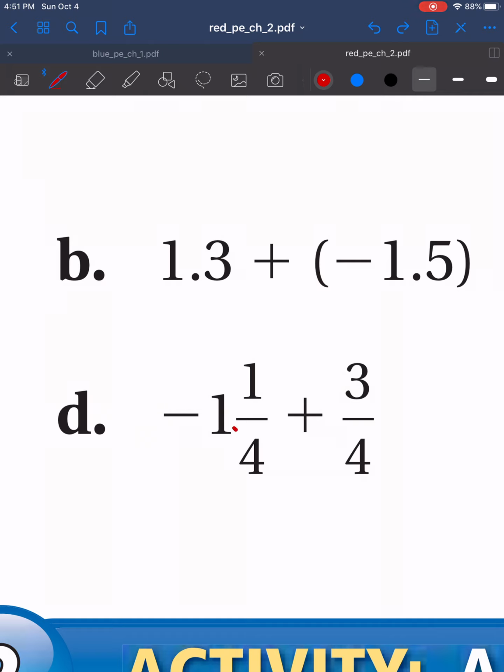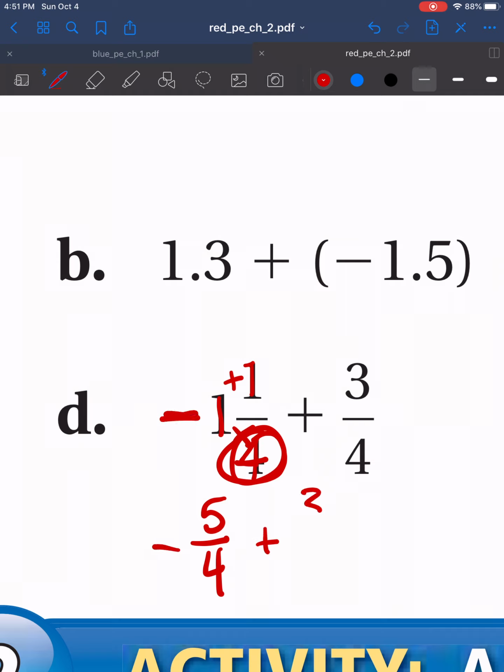So what I do is I times these two, 1 and 4, which is 4, and then plus this guy. So 4 plus 1 is 5, and then keep the denominator. Okay, and it's negative because there's this guy right there. Negative 5/4 plus 3/4. Okay, we've got common denominators already.